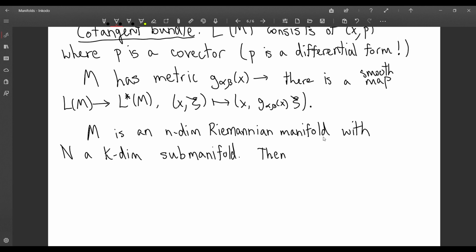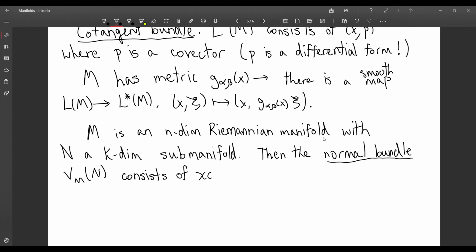Then the normal bundle V_M of N consists of pairs x and v, where x is in N and v is orthogonal to the tangent space at N, right?